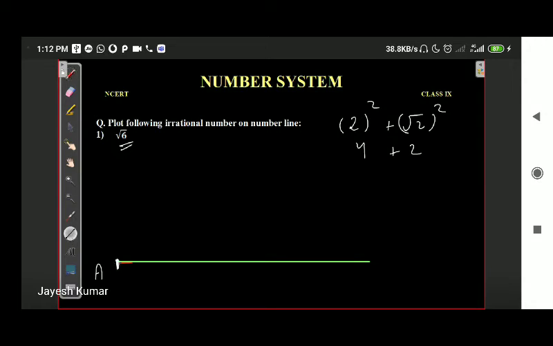First of all, I take a line of 1 centimeter and mark it as point B. Next, I draw a perpendicular from point B, quite large, larger than 1 centimeter obviously, and mark another 1 centimeter on it.